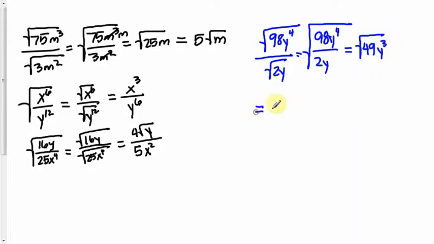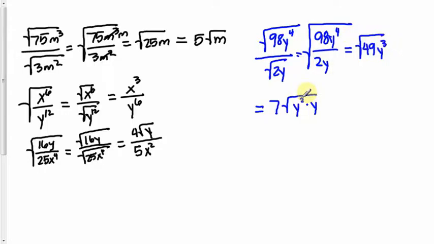Now, we've got to remember what we did last week. The square root of 49 is 7, so that's pretty easy, right? But what about that y to the third? We break it down into y squared times y, remember? Because the exponent has to be divisible by the index a whole number of times, and it is not.